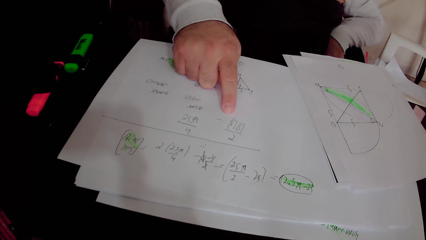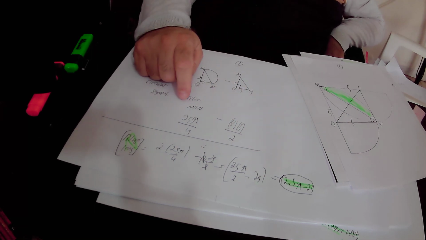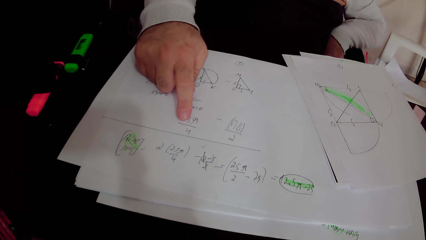we have 2 in the numerator and 2 in the denominator, so 2 will get cancelled. We are left only with 25 here, and here we have 2 times 25 pi over 4. We divide both the numerator and the denominator by 2, and we get that 2 over 2 is 1, so 2 will get cancelled. In the denominator we have 4, so 4 over 2 is 2.